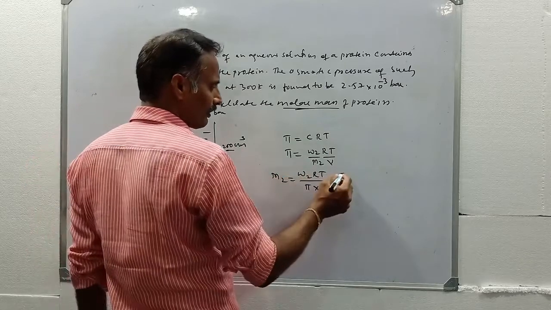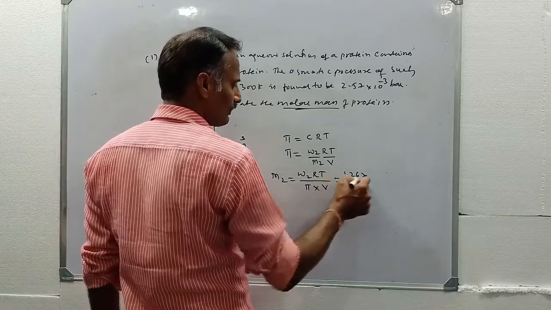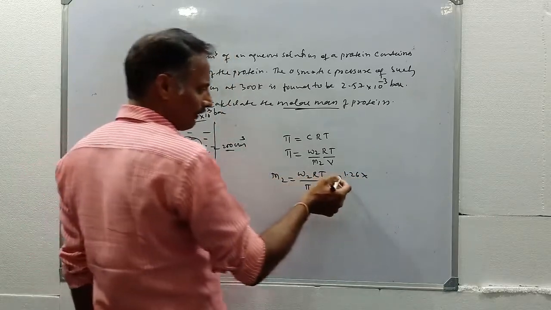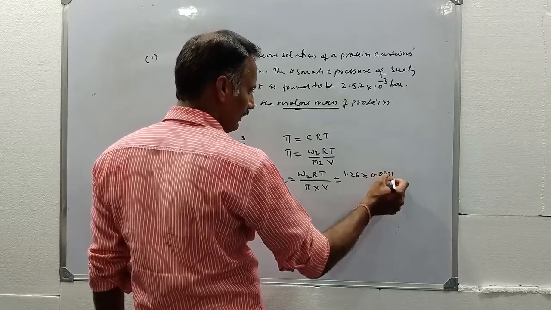W2 is the protein present in the solution, 1.26 gram. Then the value of R is 0.00831.